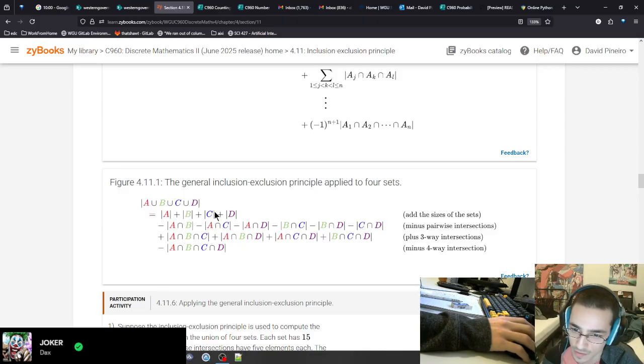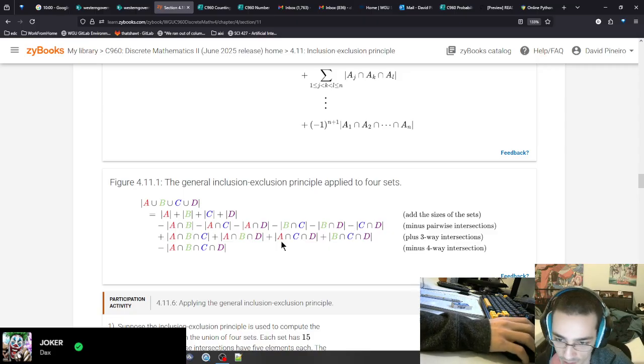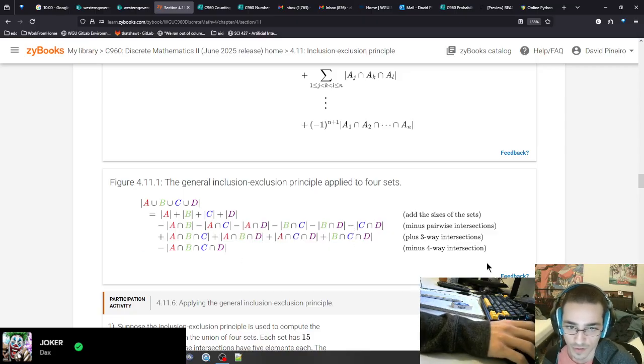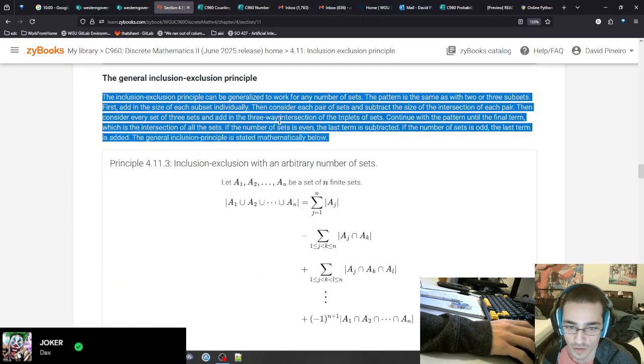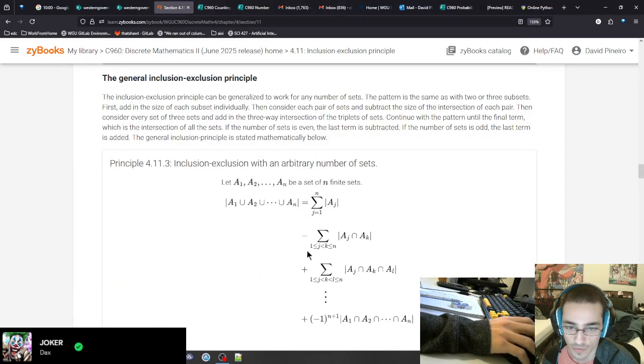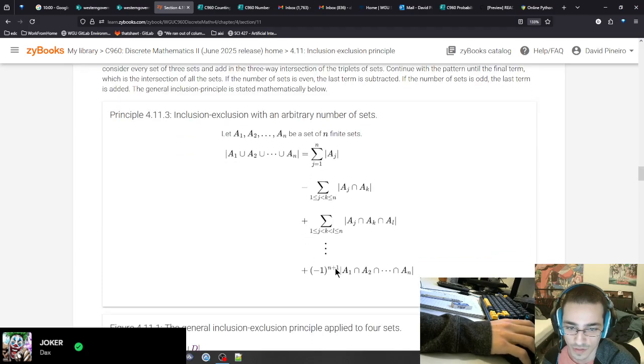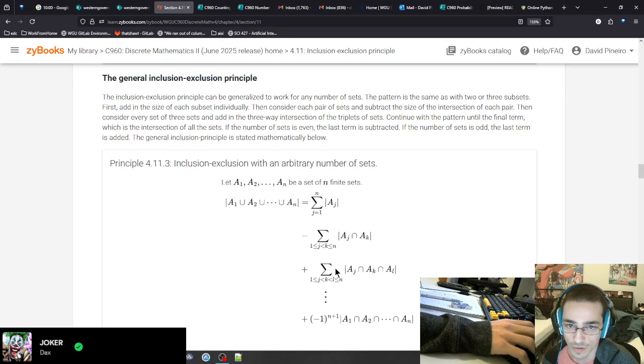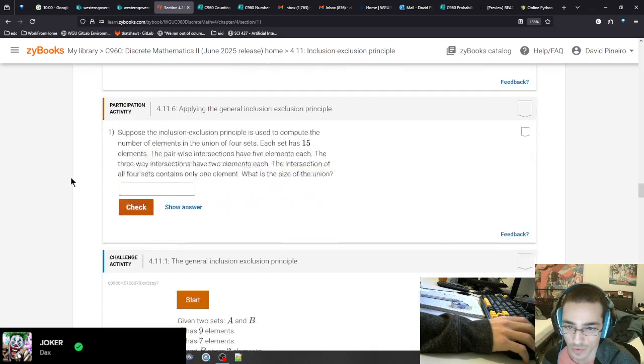You add the 1 pairs, subtract the 2 pairs, add the 3 pairs, subtract the 4 pairs. So that kind of makes sense. That's kind of weird though. Is that how that works? It's alternating. Weird, but I don't know where they came up with that. But that's pretty cool.